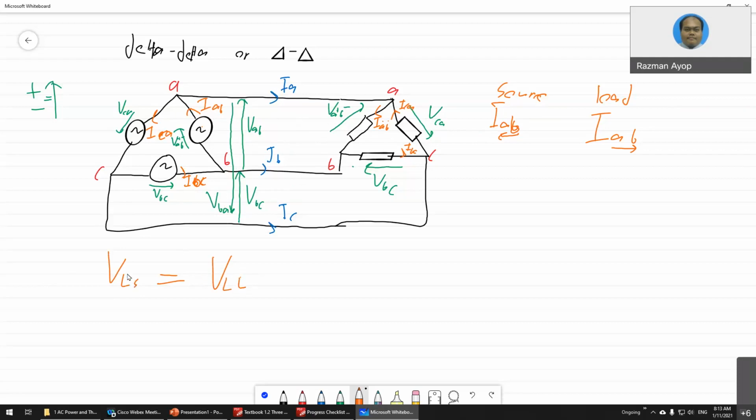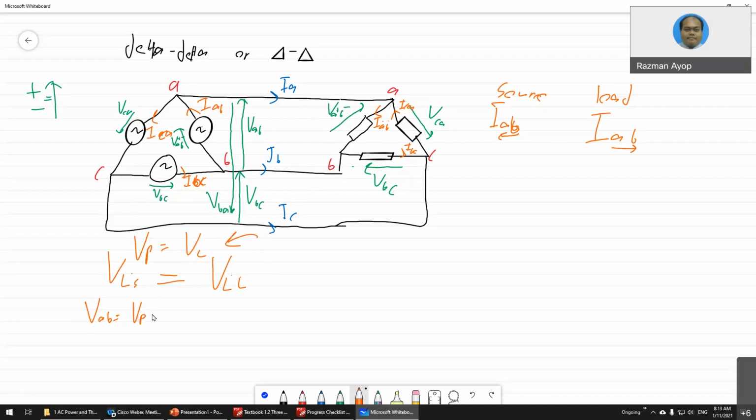Basically VAB is equal to V phase; you can use V phase or V line. V phase is equal to V line. For delta, the voltage is the same. You can see it here. That's why I suggest you draw this, because you can see what is the same and what is not.